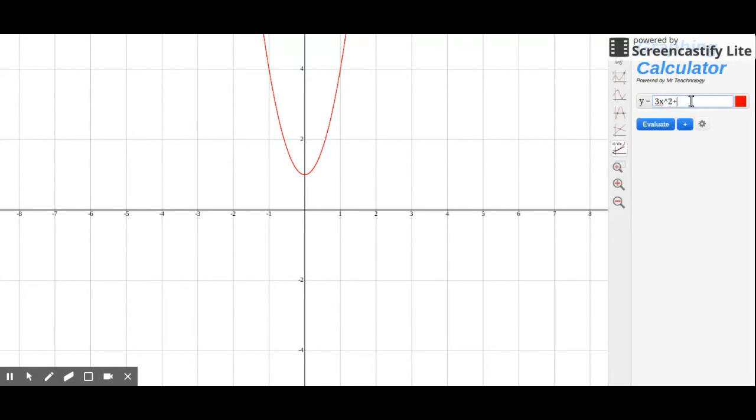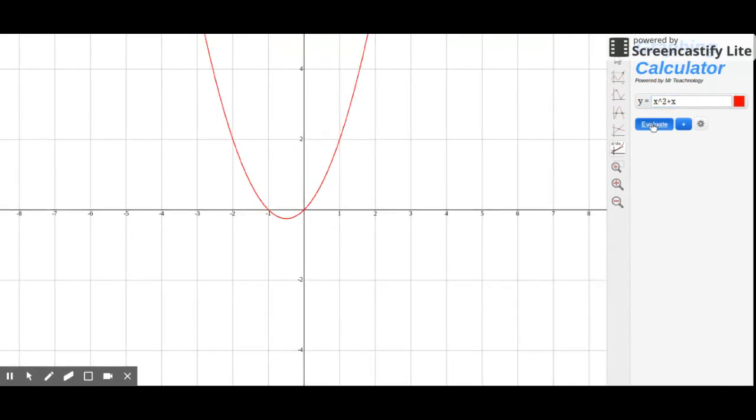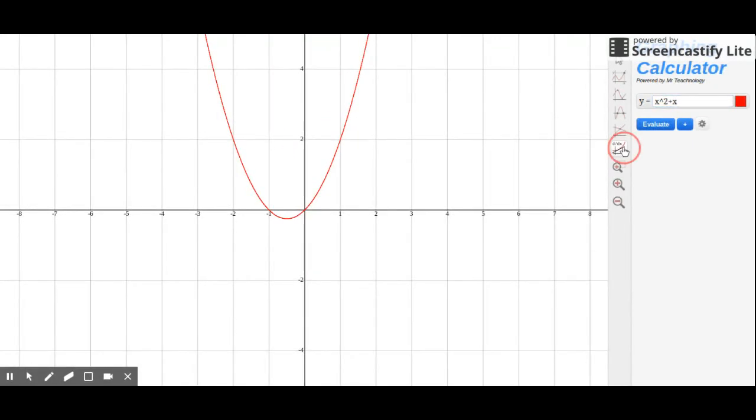This was the previous problem. Let's go ahead and see what x squared plus x looks like. So here's x squared plus x, and we're going to be focusing on the point -1, 0.